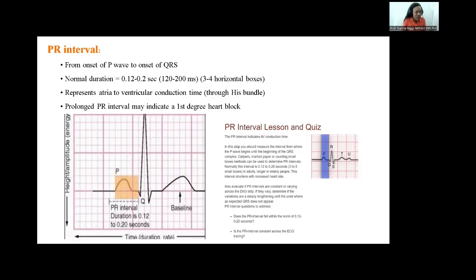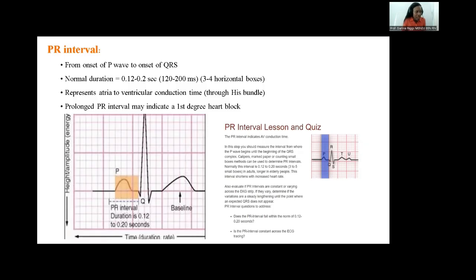That is normally supposed to last 3 to 5 little boxes. Okay? 3 to 5. 1, 2, 3, 4. Now, if that is lasting more than 5 little boxes, you have a block that is abnormal. So you want it between 3 to 5 little boxes.